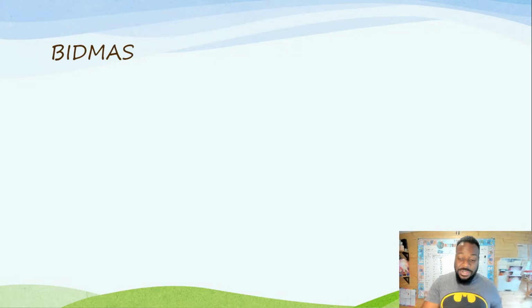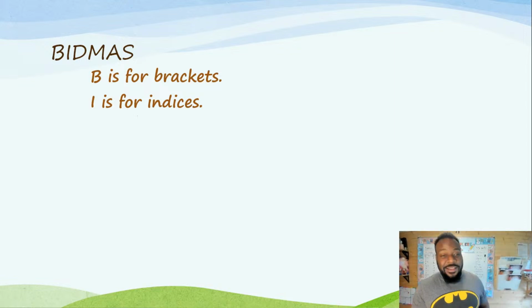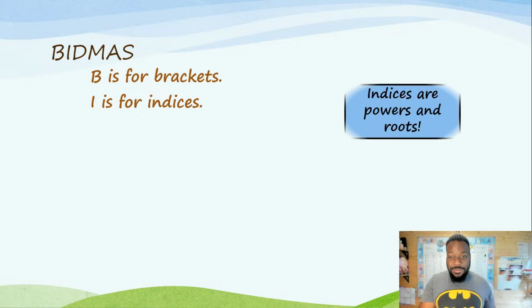And that brings me to the first one. B is for brackets. You want to note this down. If you haven't got it noted down, note it down. I is for index or indices. So indices are powers and the opposite is roots.